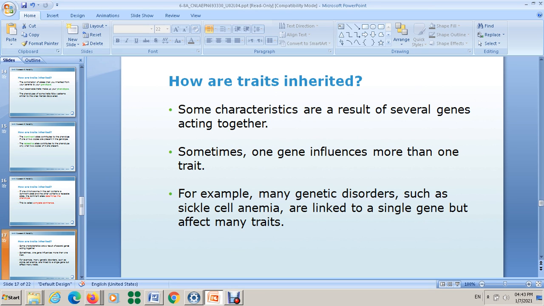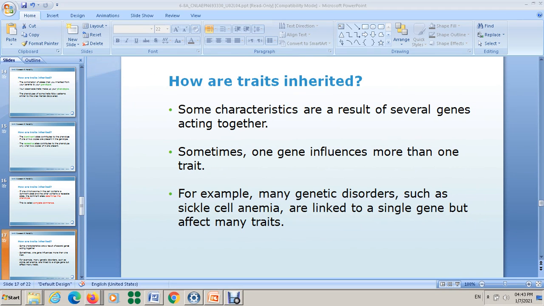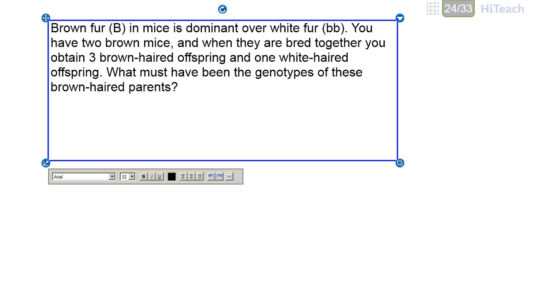Let's look at this question. Brown fur, capital B, which means it's dominant.